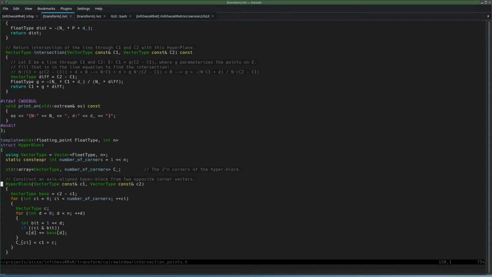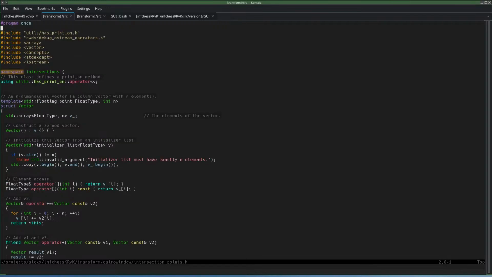But my hyperblock now, I want to be comprised of -1 and +1. So you need to pass 2 corners. I might as well pass a corner with all -1s and one with all +1s, which are then again the exact same vectors, but where one is the negative of the other one. Can we do that?